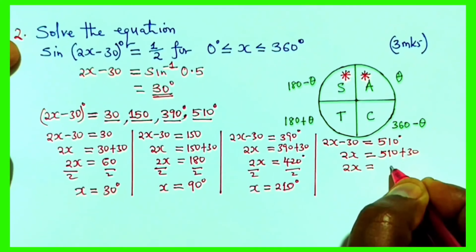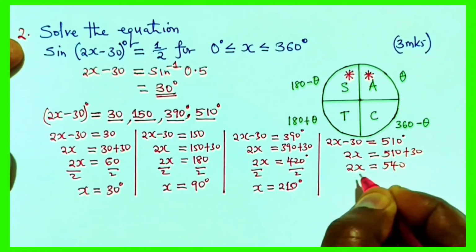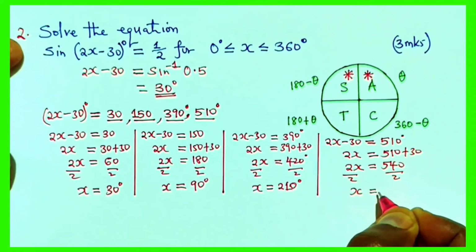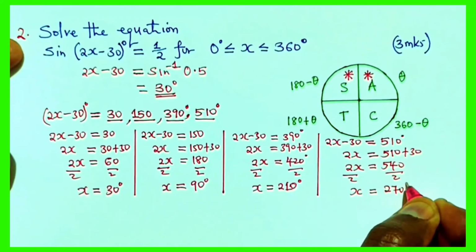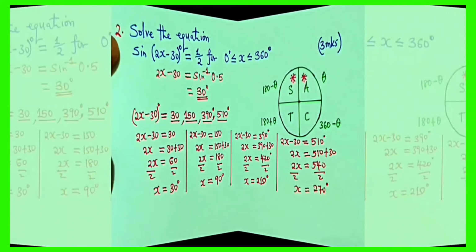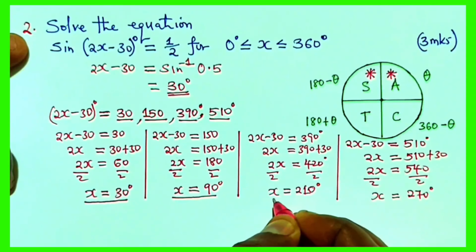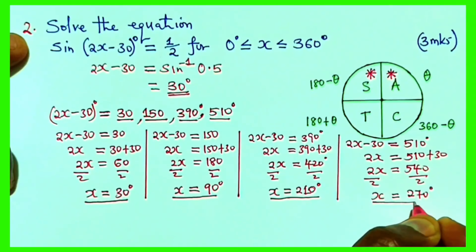So 2x will be equal to 540 degrees. And then when you divide both sides by 2, we get the value of x to be equal to 270 degrees. So these are the only values of x that we can find in that range.